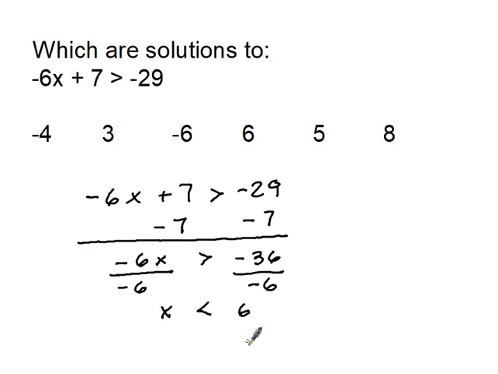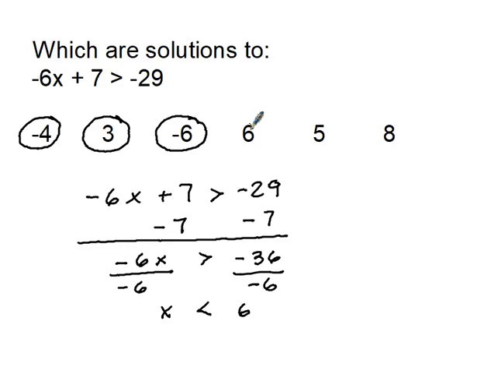So all we have to do now is determine which of these answers is less than 6. Is negative 4 less than 6? Of course it is. Is negative 3 less than 6? Of course. How about negative 6? Is that less than 6? Certainly it is. How about 6?